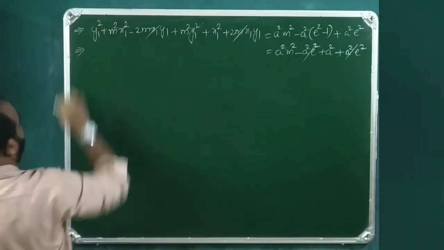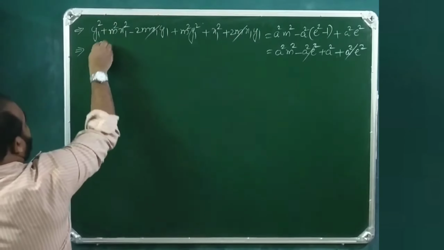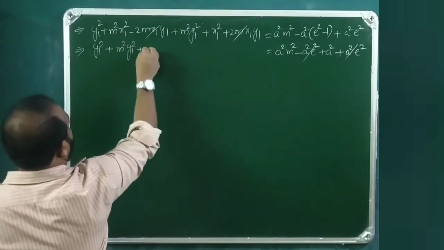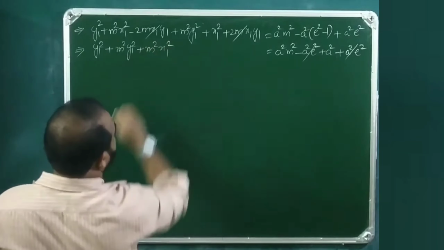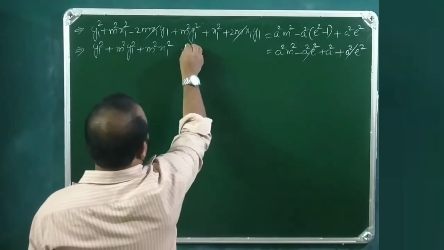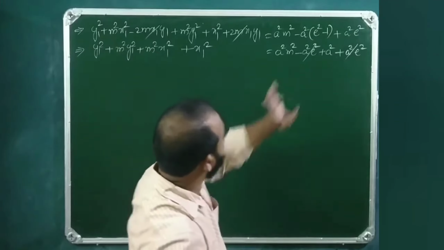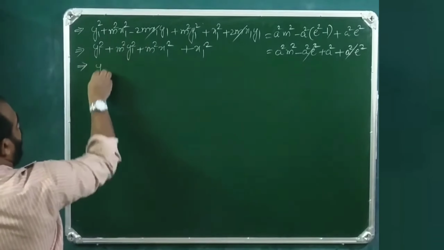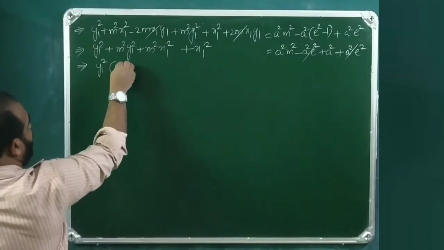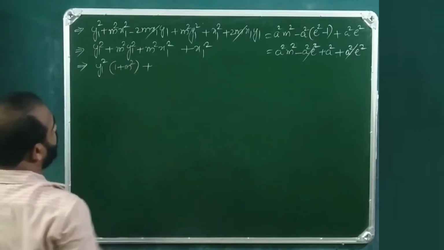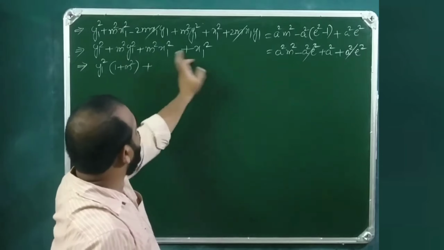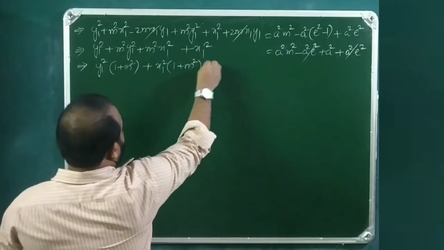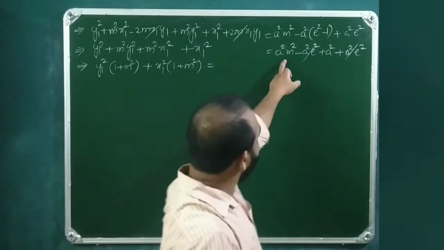So this is y1 square plus m square y1 square plus m square x1 square plus x1 square is equal to this. Now let us take y1 square common in both of them, then we get 1 plus m square. Here also take x1 square in common. Then we get 1 plus m square is equal to a square m square plus a square.